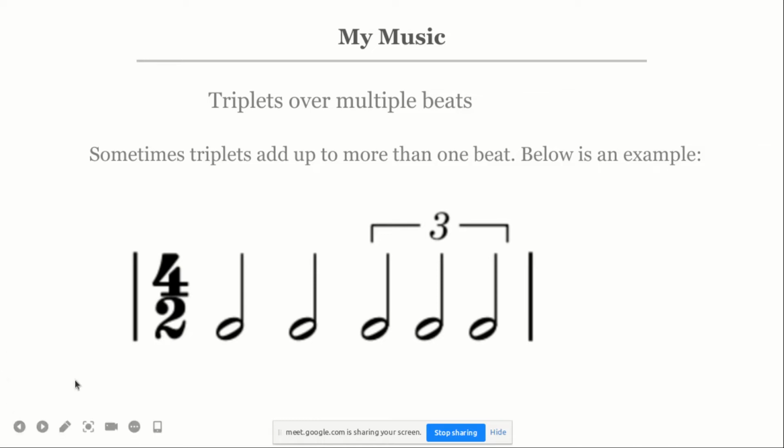So what does the bottom number tell you in a time signature? It tells me the number of... Not the number. The number is the top. The top one tells you the number.